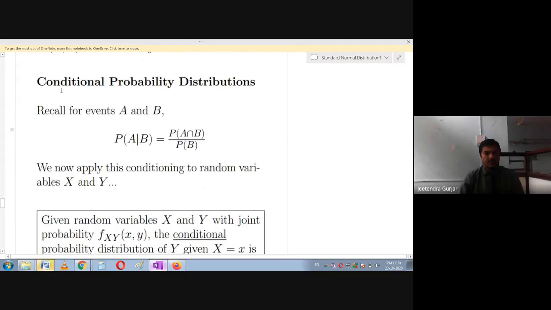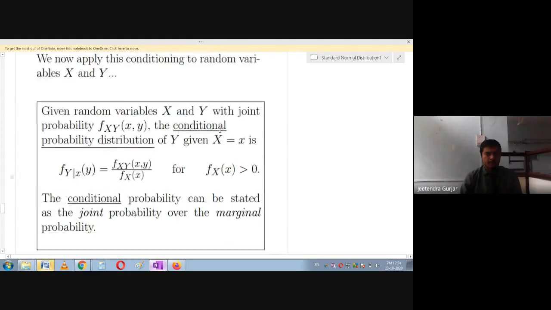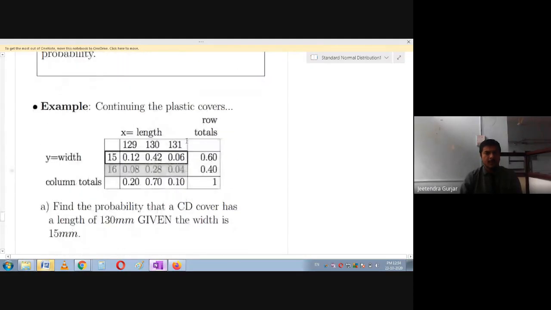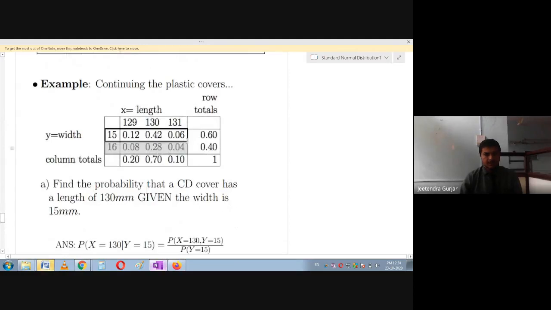And this is the conditional probability distribution. This is the condition they have given for the probability distribution, and for it they have taken the function f(x, y). Continuing with the plastic cover example, in the exam you can see the length x is equal to 129, 130, 131.